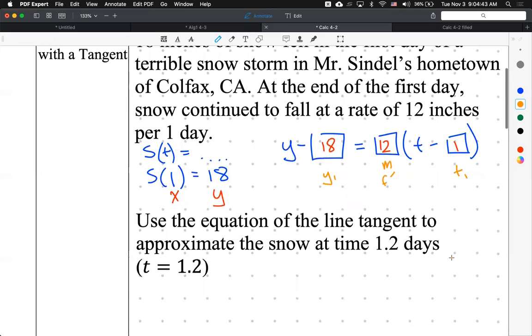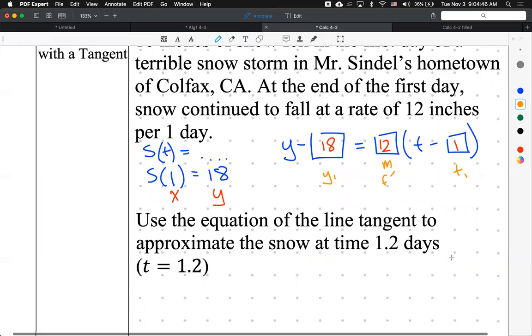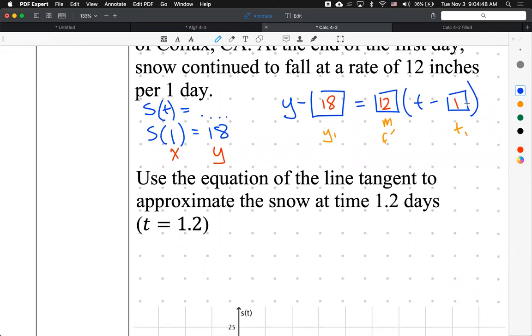All right, so at time 1.2 days, we just plug it in. If you want to go for it, tell us what to write out. 1.2 minus 1. Teflon, you're going to do some mental math for us. 1.2 minus 1 is 0.2.